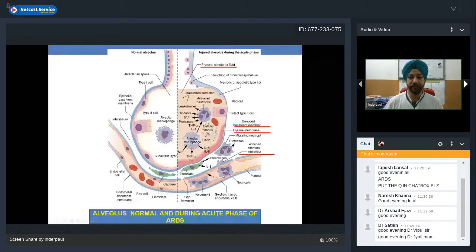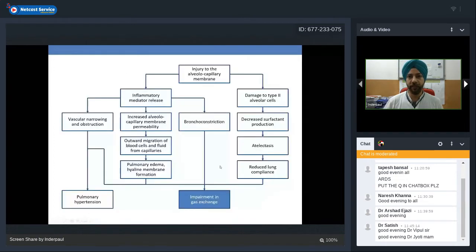as poor oxygenation. So in crux, injury to the alveolo-capillary membrane causes damage to type 2 alveolar cells, which are responsible for production of surfactant. Due to decreased surfactant production, you will have atelectasis, you will have reduced lung compliance, which will go on to cause impaired gas exchange.